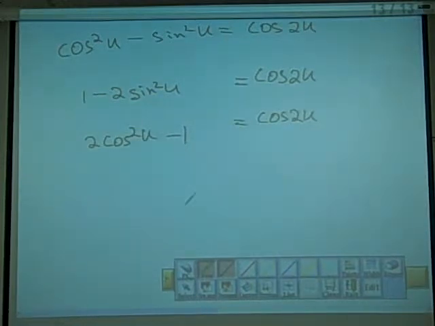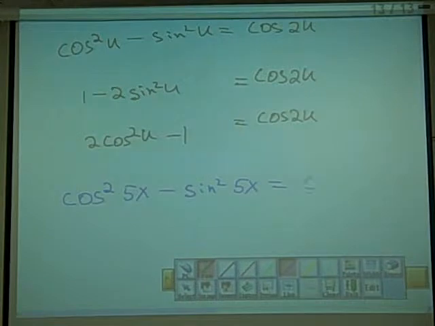So if we have a problem such as cosine squared, but instead of u we're going to use 5x, minus sine squared 5x, and we want to prove that equals cosine 10x.